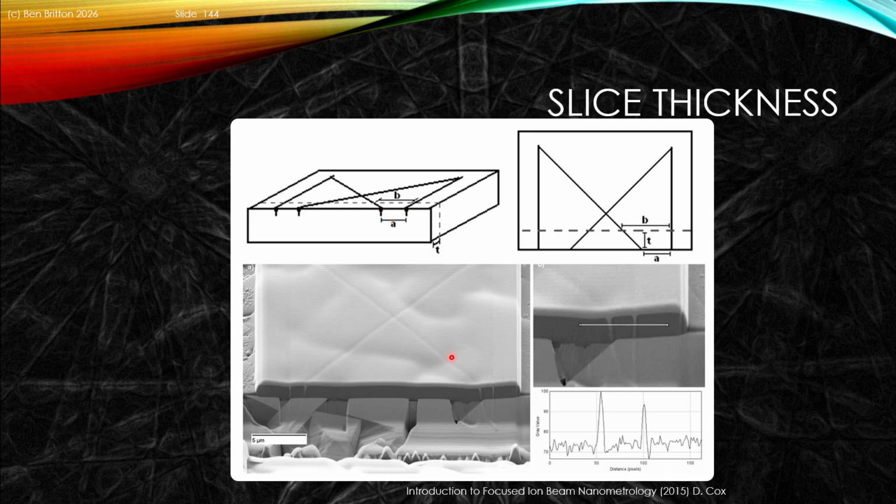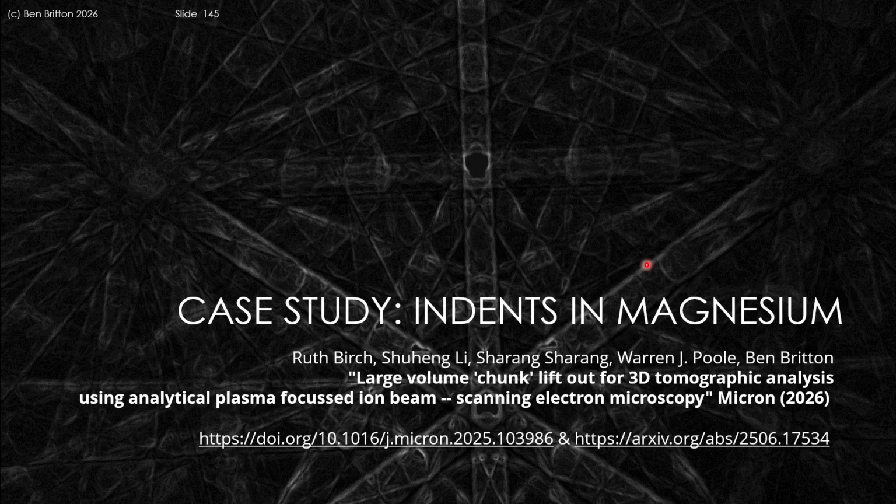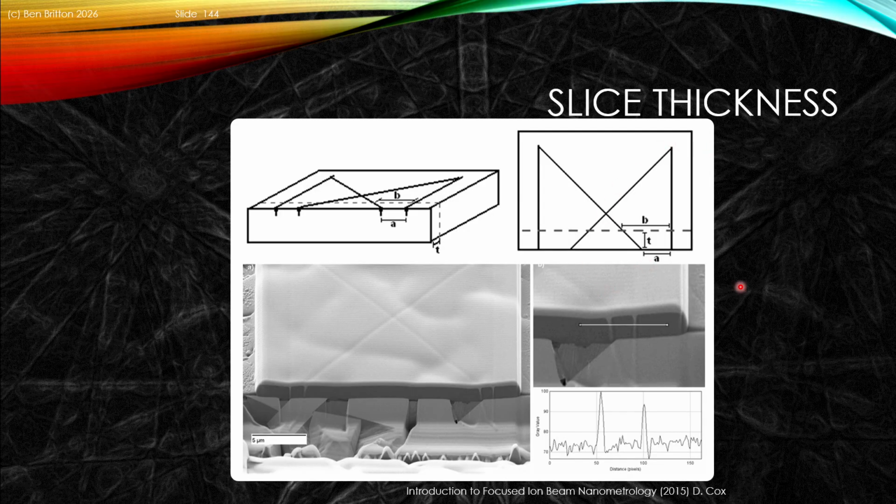If you measure that distance, you can effectively get the distance and gray levels, and the geometry of the lines that you cut on the top, and so then you can work out how far through the thickness T you've got. There are more descriptions in this beautiful book, Focused Ion Beam Nanometrology by Cox 2015, that shows you this idea.